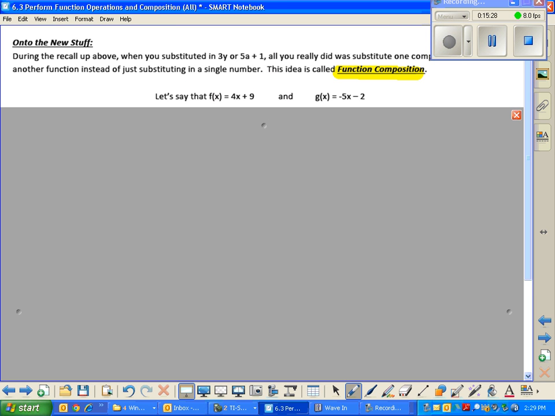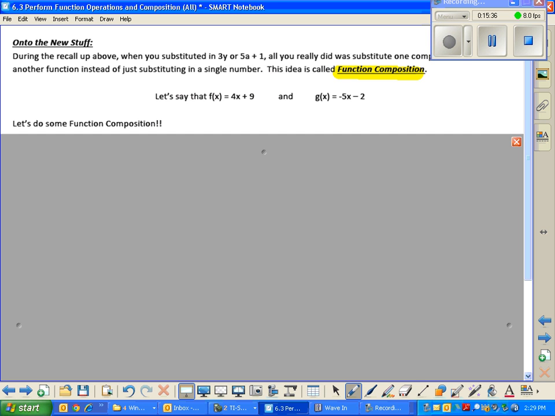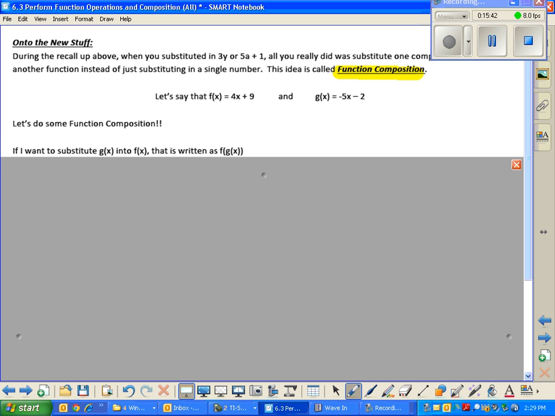So let's take two equations, like f of x equals 4x plus 9 and g of x equals negative 5x minus 2. We can do some composition of functions with that. Let's say we want to know what happens when I substitute g of x into f of x.